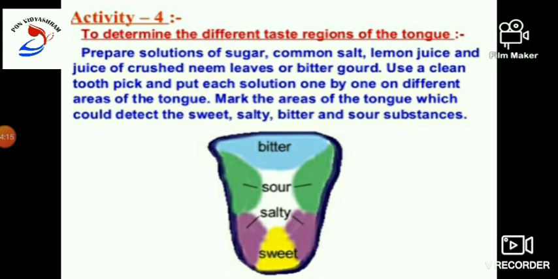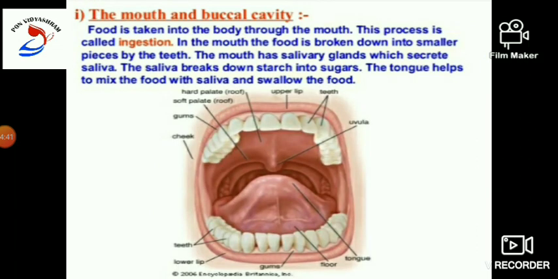Here you know which is bitter: bitter gourd, neem leaves. Lemon juice is obviously sour. Salty, from the word you get the meaning, common salt. Sweet, sugar. So in our day-to-day life, every day, we taste with the help of the taste buds each one of these: sour, salty, sweet, bitter.